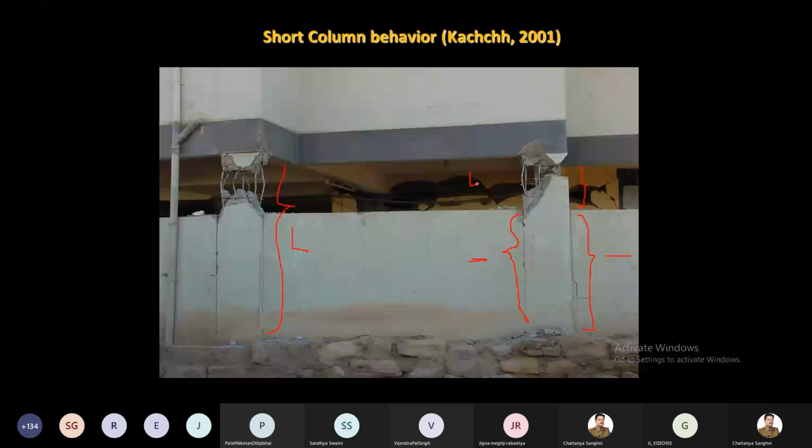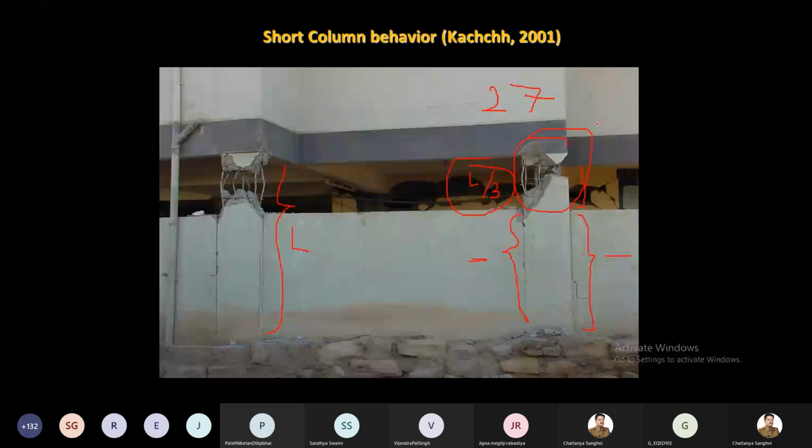Now, what is the height of this column? It is L by 3. So what is the stiffness of this column? The stiffness is 12EI upon (L by 3) cube. So now this column is going to attract 27 times the force. 3 threes are 9, 3 nines are 27. 27 times force this column is going to attract. And that is the problem.